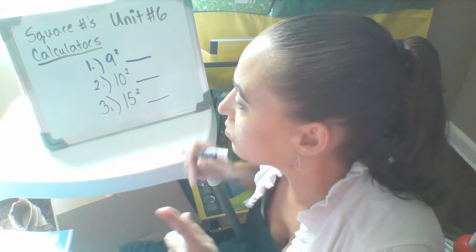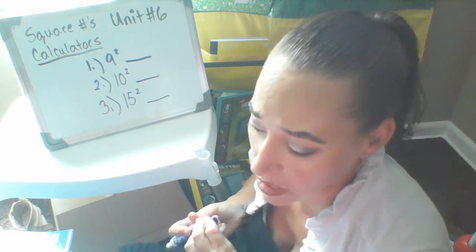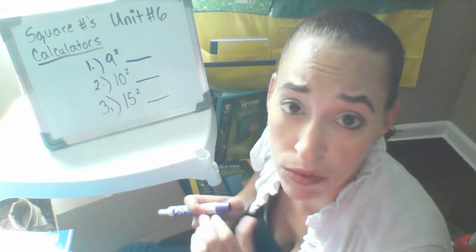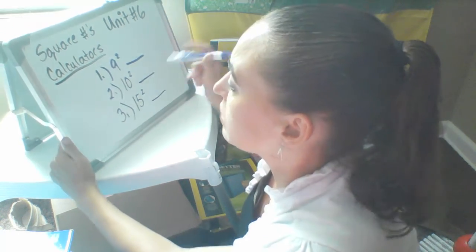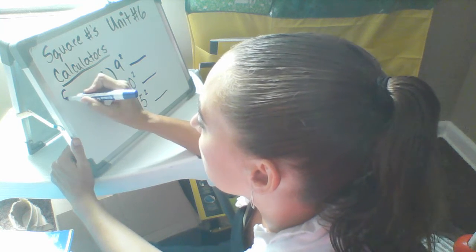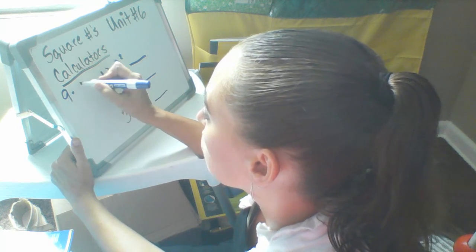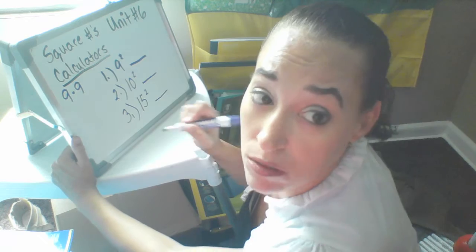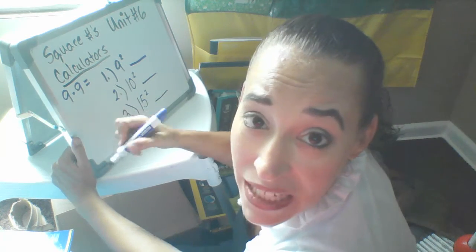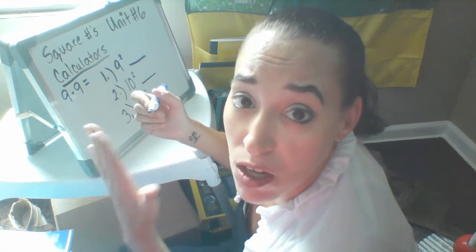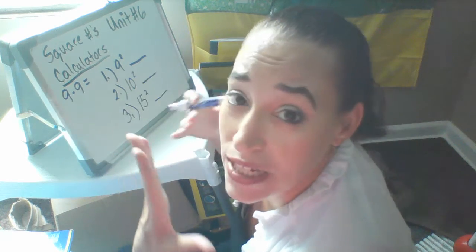Even though the calculator is going to do all the work for you, so you don't have to do anything by hand, remember what square actually means. It means we're doing 9 times 9, a number multiplied by itself. We're doing 10 times 10, a number multiplied by itself. That's why it's squared.